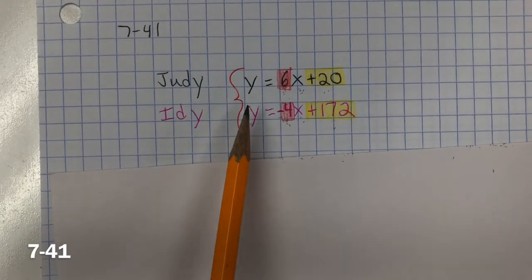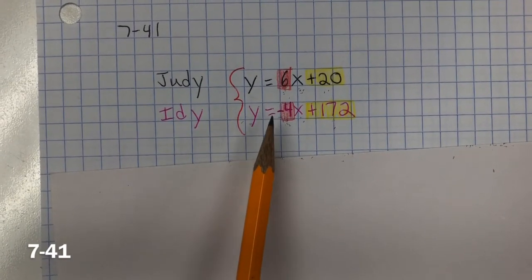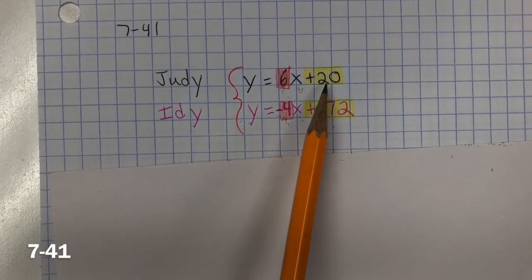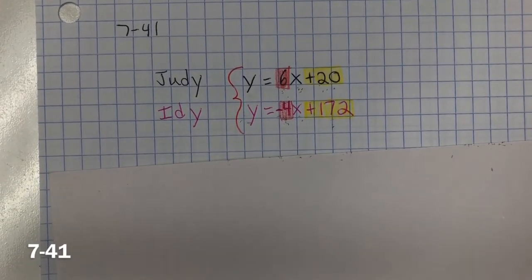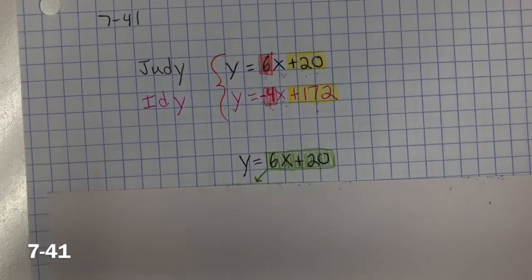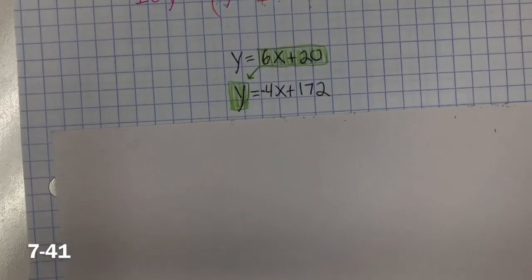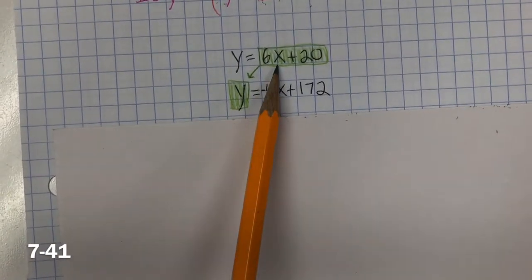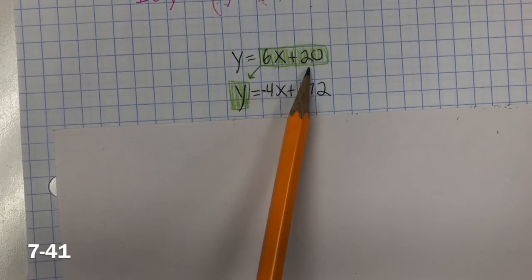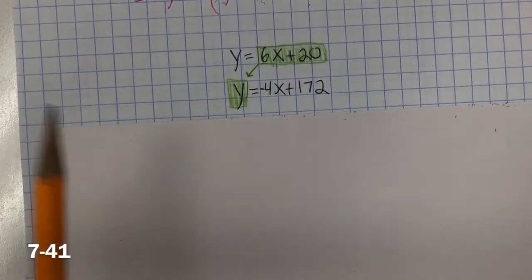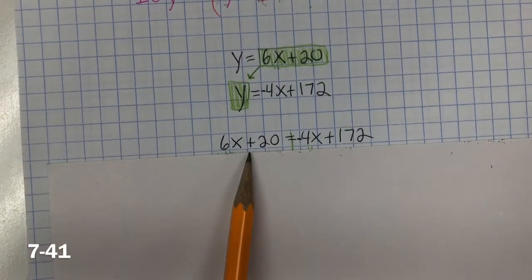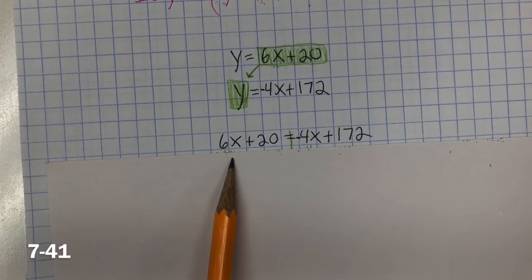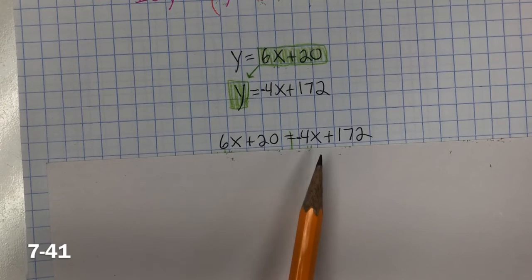So we're going to set these two equal to each other. So if y equals 6x plus 20, you can plug it in here to y because that's what y equals. And now I solve this equation, and I solve for x.